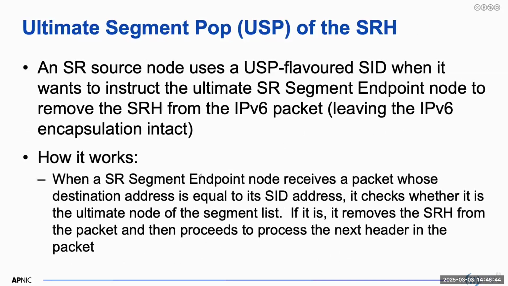When the segment routing endpoint node receives the packet and the destination address is the same as its own address, it will check whether it's the ultimate node for this segment, and then it will remove the SRH from the packet, and then it needs to process the next header in the packet.